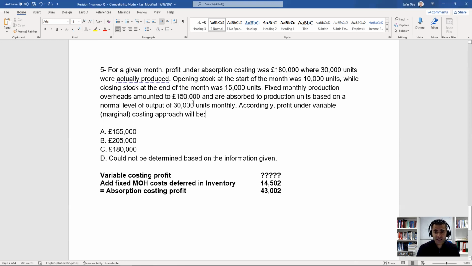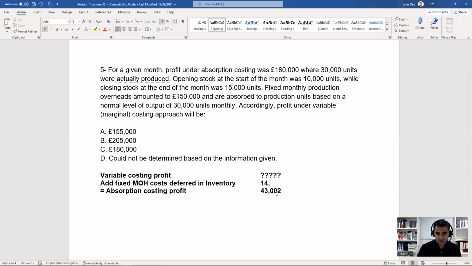If you divide it by 30,000 units, which is the output, that happens to be £5. So the budgeted fixed overhead per unit is £5. You need to multiply it by the closing inventory, which is 5,000. So 5,000 multiplied by 5 equals 25,000.